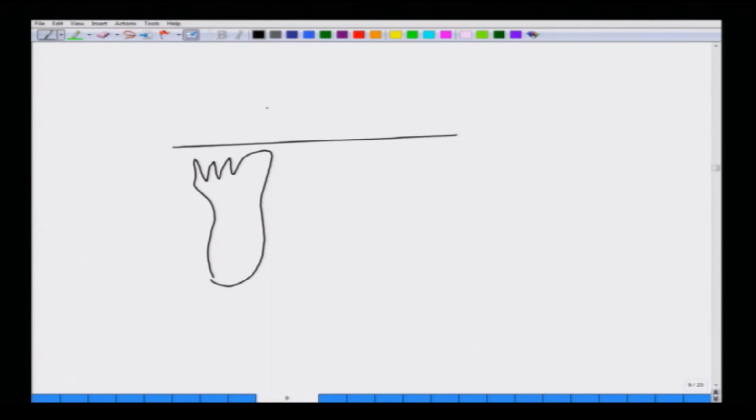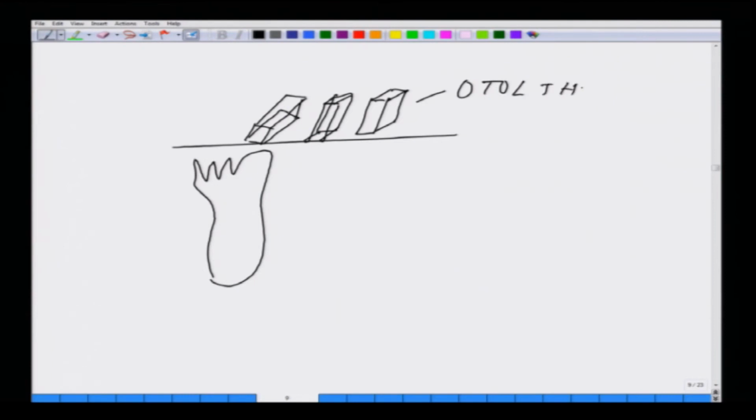But out here there are some wonderful three-dimensional cube-like structures which are sitting there, and this is all to do with the equilibrium, and those are essentially called otoliths. These otoliths are gelatinous material.